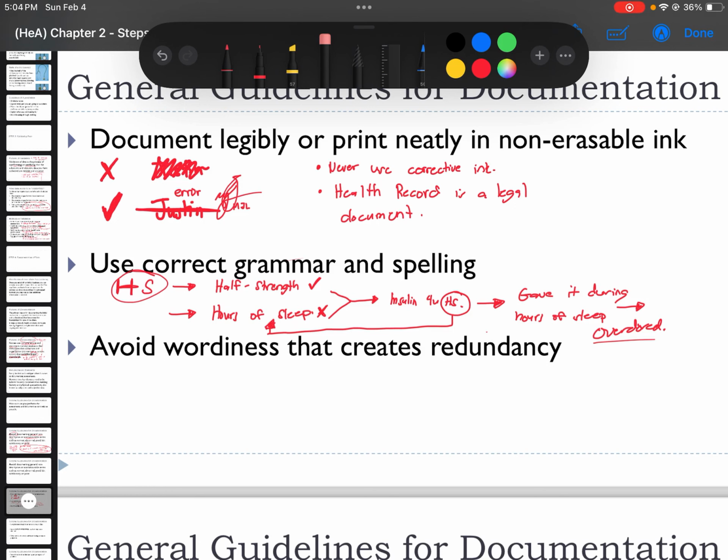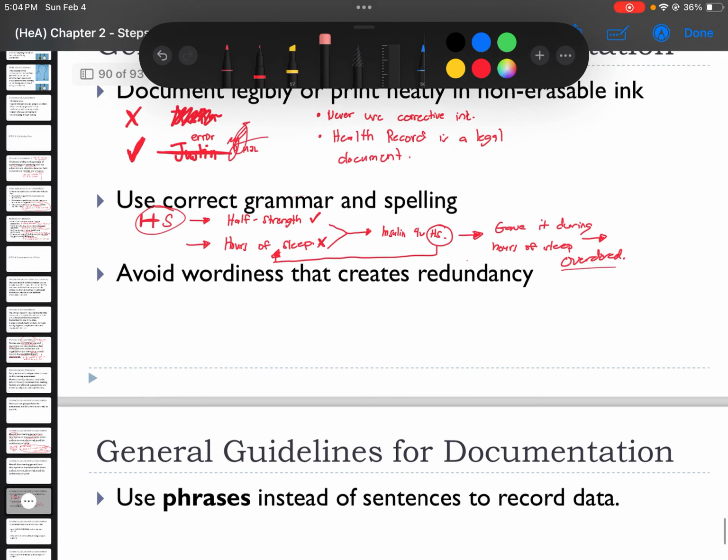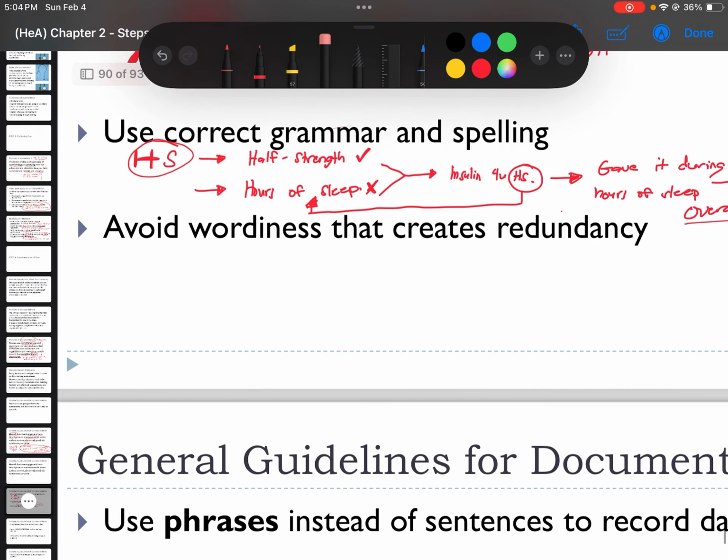Another guideline, class, is to avoid wordiness that creates redundancy. Avoid wordiness that creates redundancy. An example of this, class, is something like this.